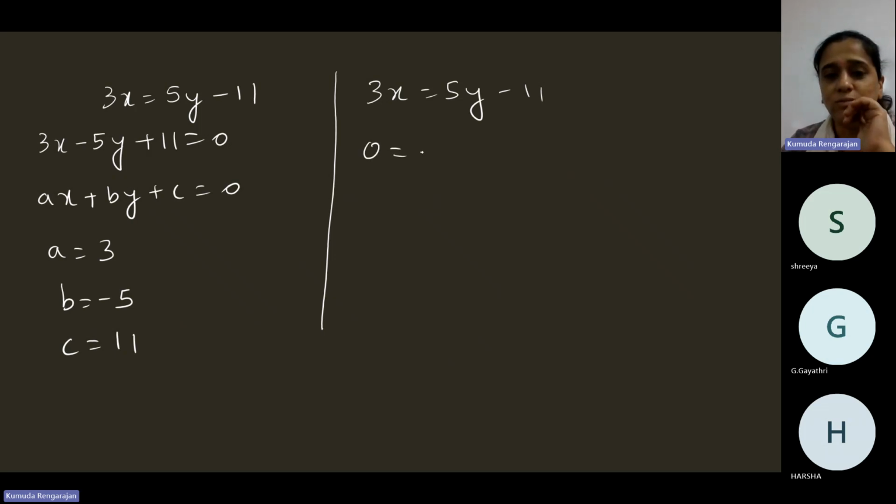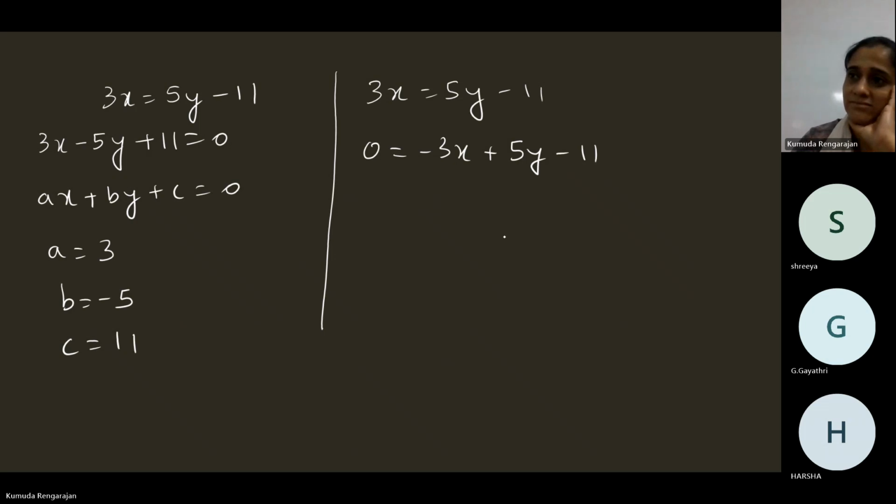Now, this one, we'll transpose in a slightly different way. We'll put 0 is equal to minus 3x plus 5y minus 11, because we always like to break the rule. What if we do it like this? Nobody can force us to transpose in a particular way. The rule is you need to have the x term, y term, and the constant all on one side, and 0 on the other side.